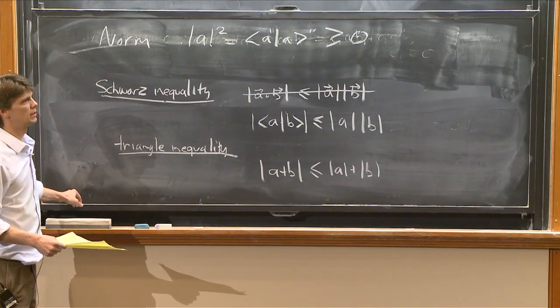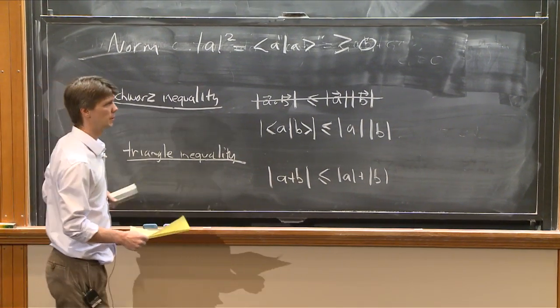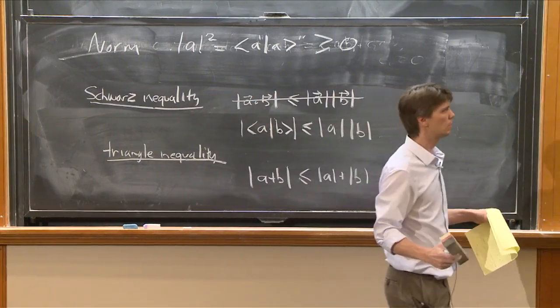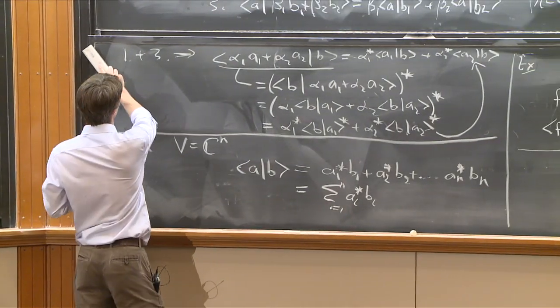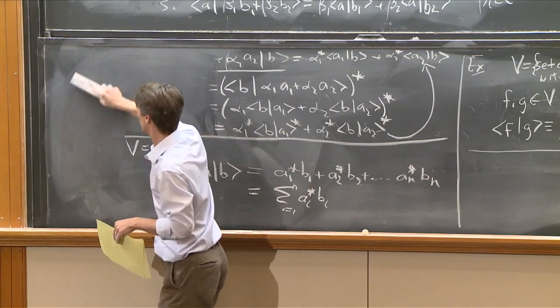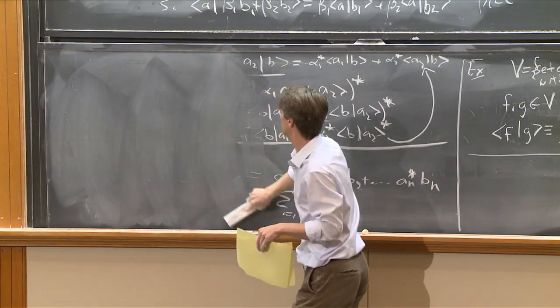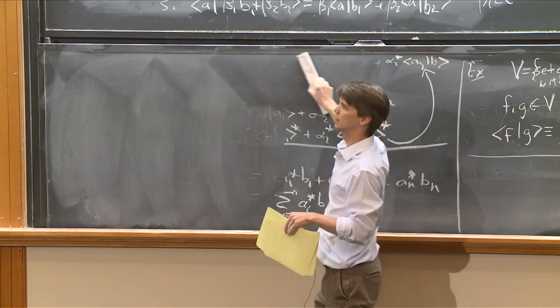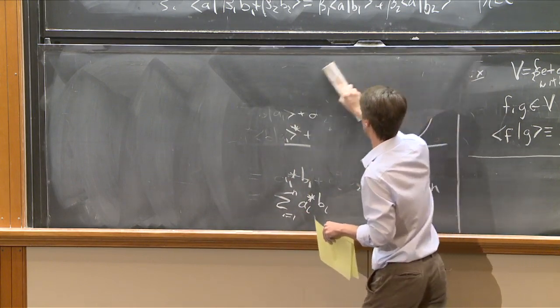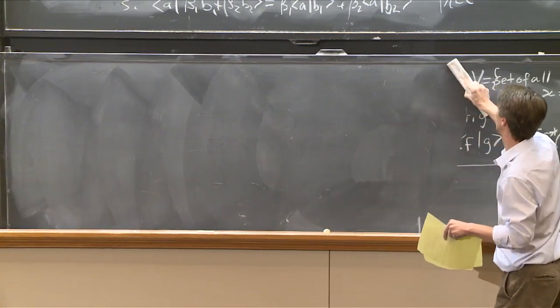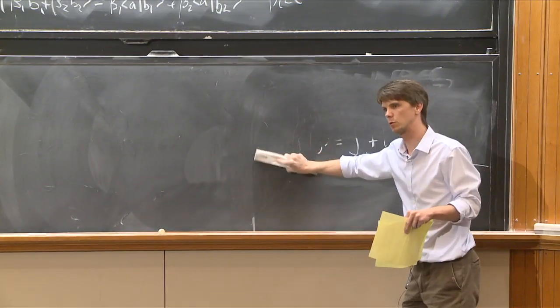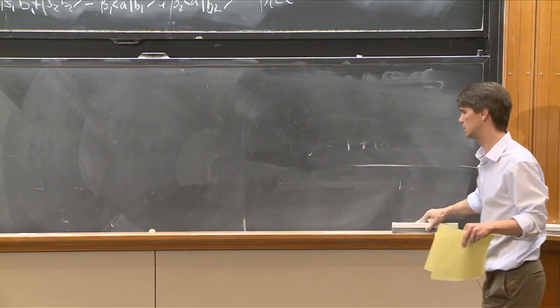You might ask why we're doing all of this seemingly abstract mathematics. Well, now we're in a place where we can actually talk about the space where all of our quantum states are going to live. These vector spaces that we've given an inner product, we can call inner product spaces.